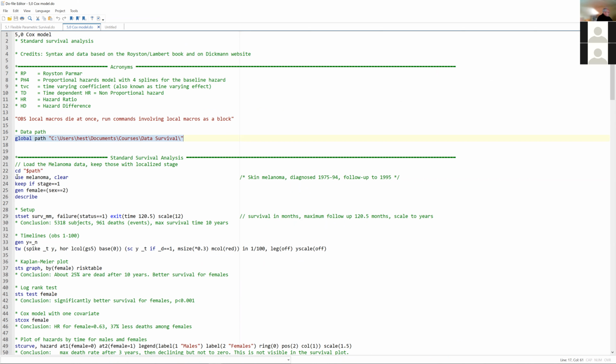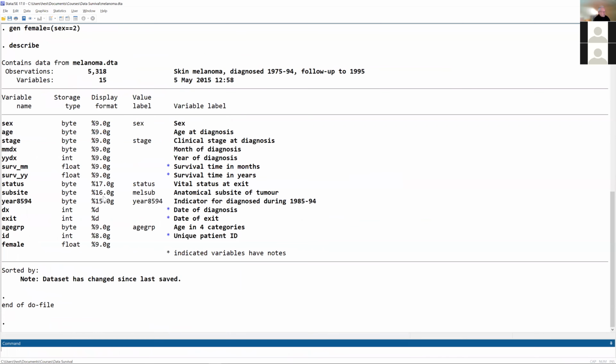So I say use melanoma. This is a data set with different stages. We want to only keep stage equal to 1. And we would like to generate a variable called female equal to sex equal to 2. And maybe I should do a describe of the data set as well, so you can see the variables. And you can see we have sex and age.